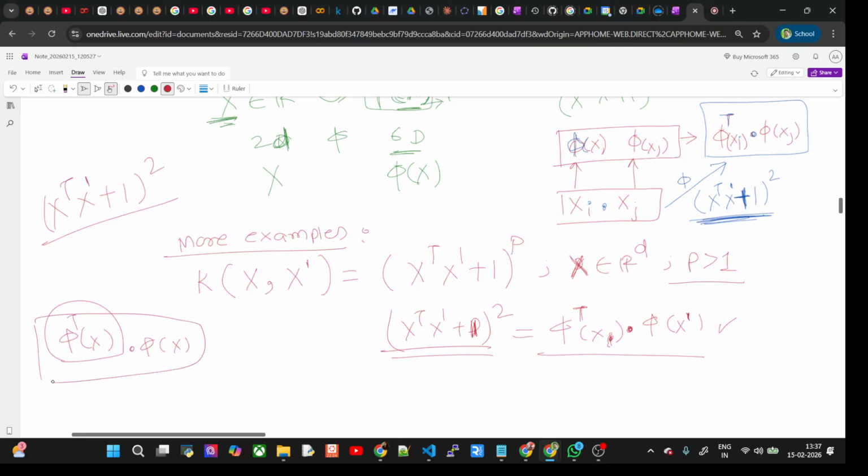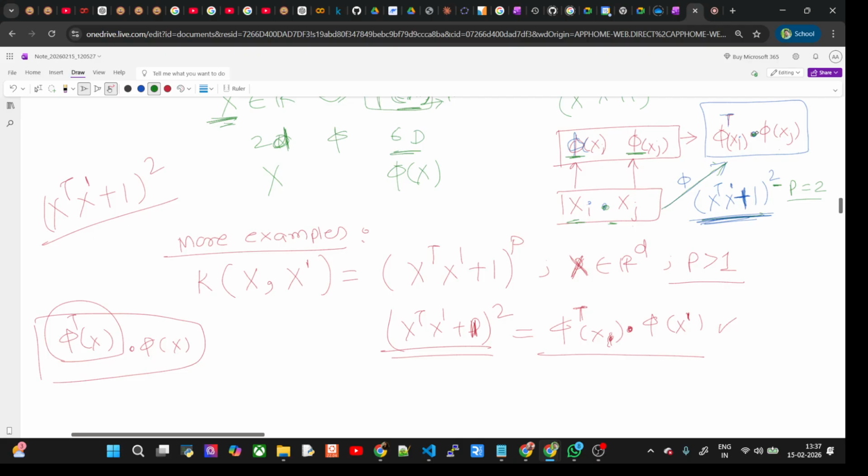If you are able to map xi and xj to a higher dimension using this function, without calculating phi of xi and phi of xj separately, that is a valid function. The function is (x transpose x plus 1) whole square, where we took p equal to 2.